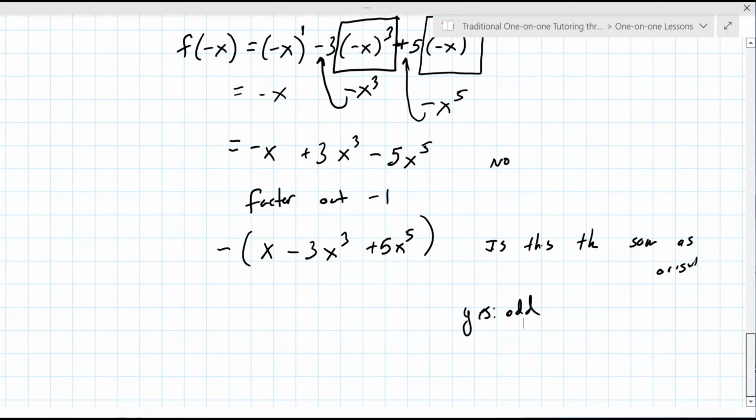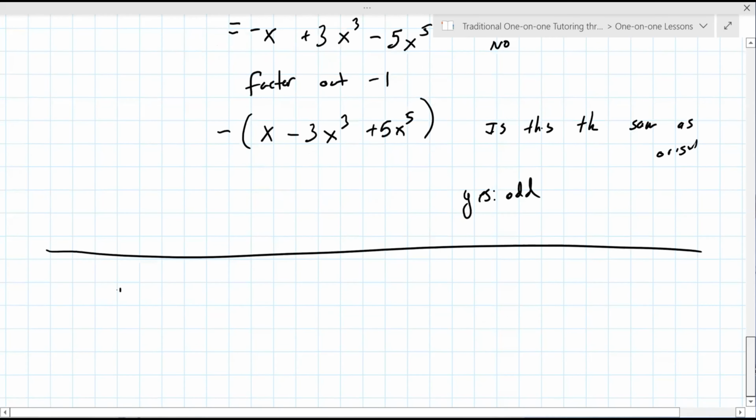So now we're going to look at some functions that are neither even nor odd, and most functions are neither. In real life, most of these are not even or odd. That's the way it goes. So here's one. Let's say f of x equals x squared minus 1.